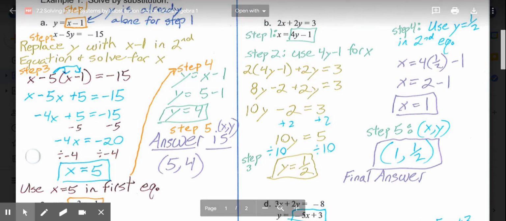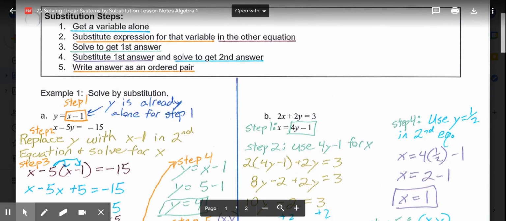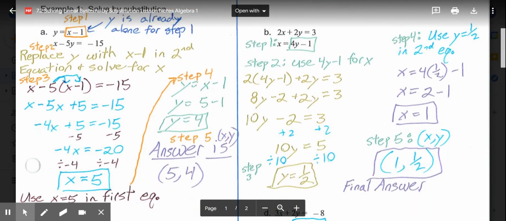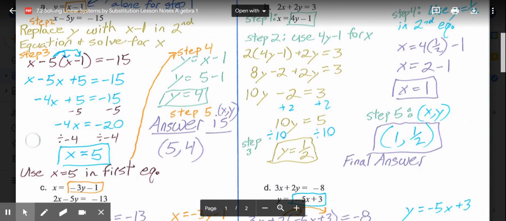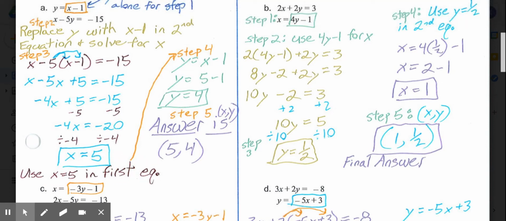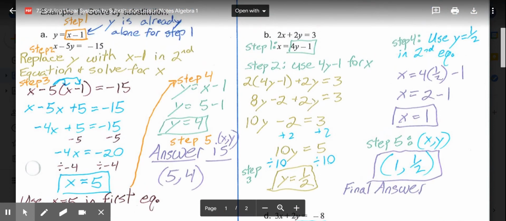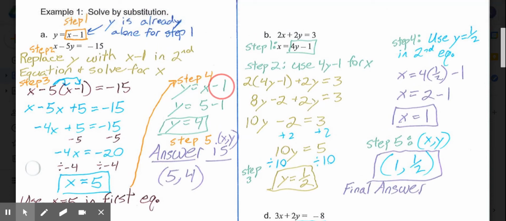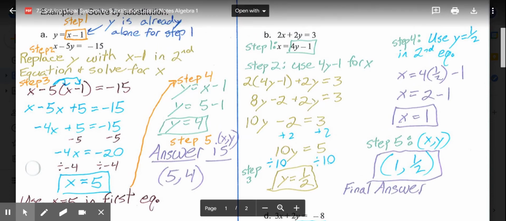So we want to take that info, and for step 4, substitute that in to the other equation that we didn't use. So we're going to take the x equals 5 and put it into the first equation. So that first equation was y equals x minus 1. Well, now that we know x equals 5, we replace the x with the 5.